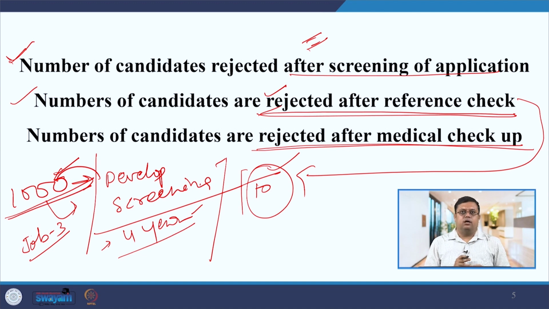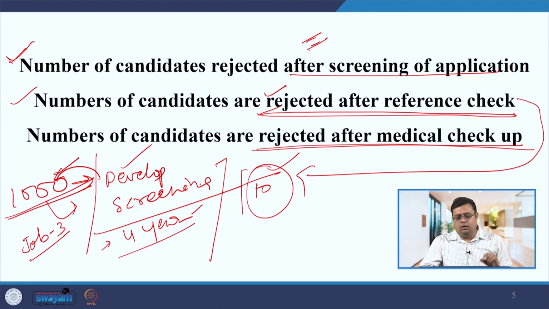And another way you can say it is that your employer brand is increasing, right. Because you are getting good quality candidates and you are able to attract good candidates from your competitors, it indicates that your employer brand is going up and your screening criteria is going up and up, right. So it is in favor of the organization.